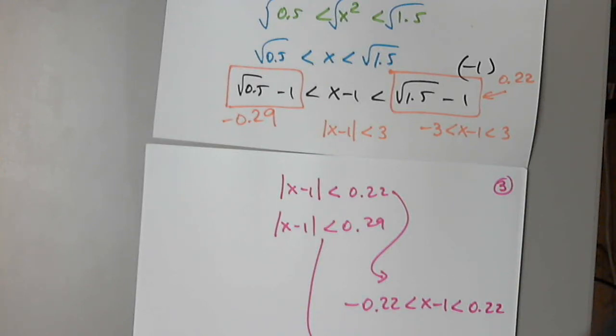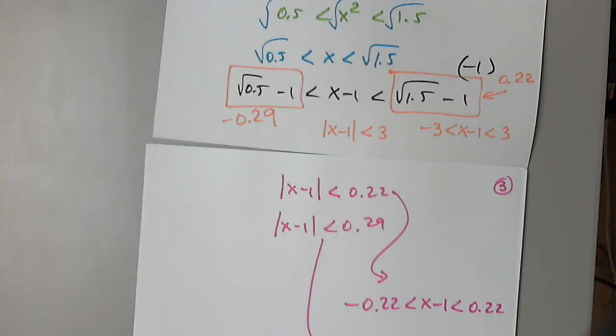So this one is between negative 0.22 and 0.22. That one is between negative 0.29 and 0.29. I'm exaggerating, for the distance between those two, 0.29 and 0.22, is very tiny, 0.07. So I'm either here with 0.22 or I'm here with 0.29.